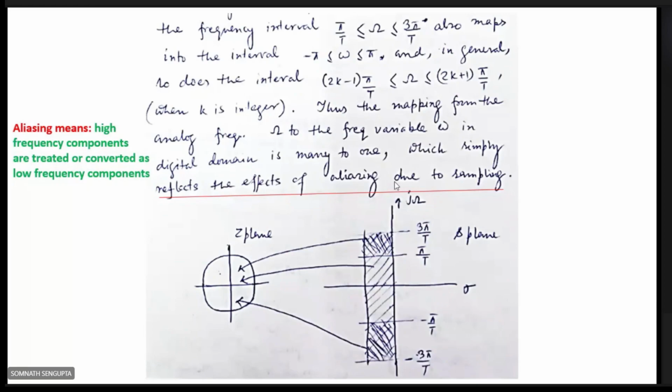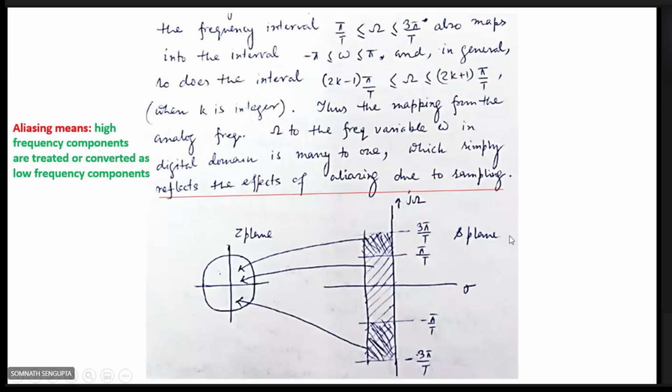This is one severe drawback, because when we go for higher frequency, they are also mapped to lower frequency.